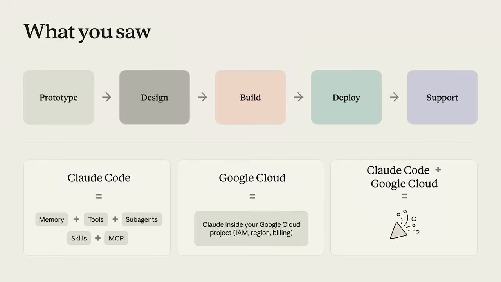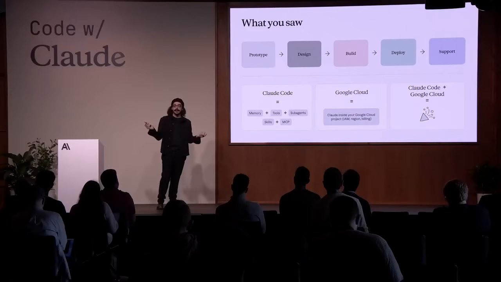And on the Google Cloud side, apart from hosting the application itself, you can get access to Claude models in a way that, as you saw, makes your coding essentially frictionless for the entire session.